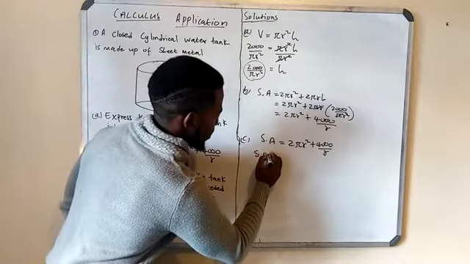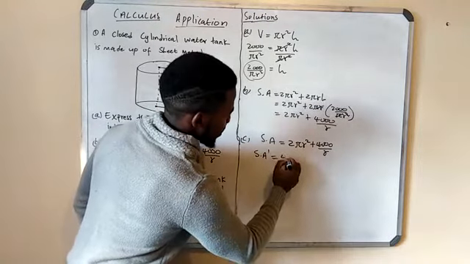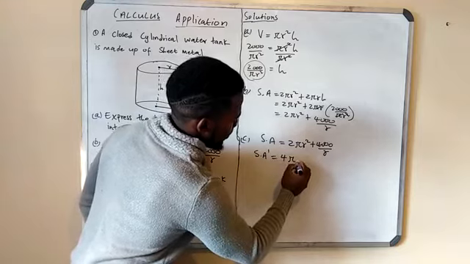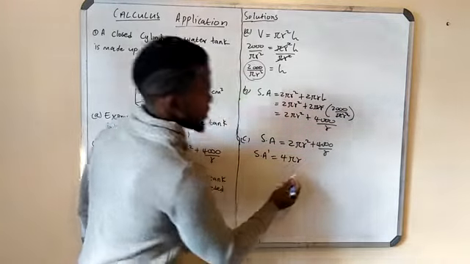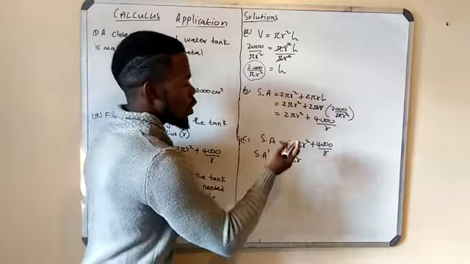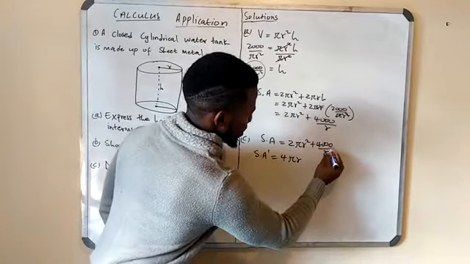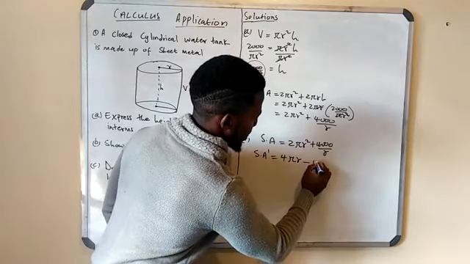So we have surface area prime, which will be, you differentiate this, 4πr. We are differentiating the surface area with respect to what? With respect to r. So it will be 4πr.